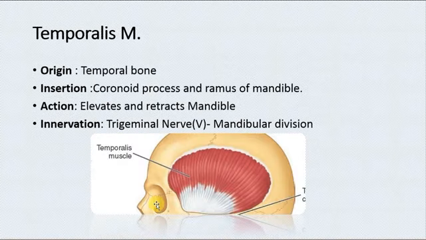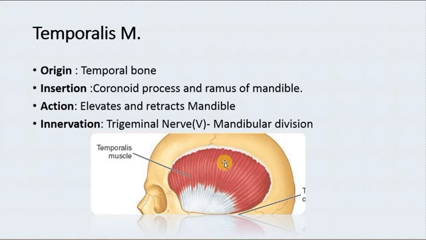So the temporalis muscle is called temporalis because of its location, as you can see on the temporal bone. You can even feel it if you palpate your temporal region, your cranium. It inserts on the coronoid process and the ramus of the mandible, and the origin is the temporal bone.